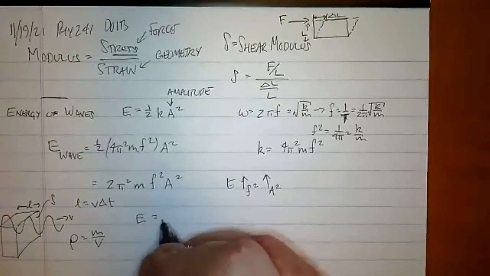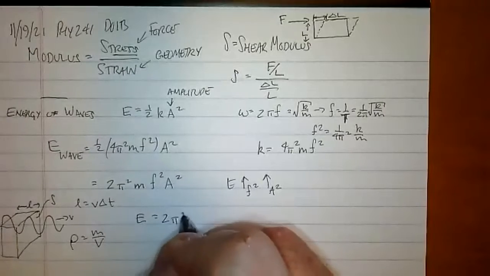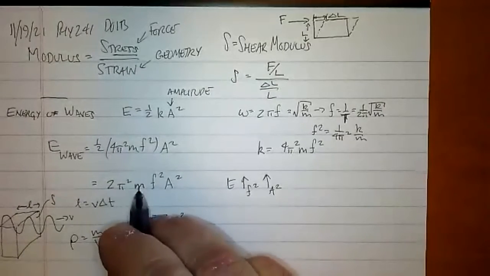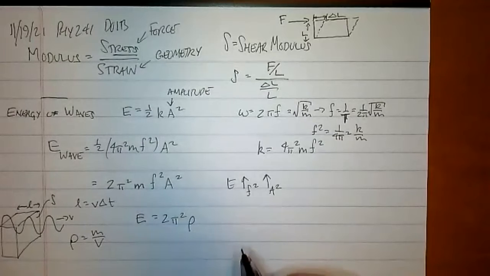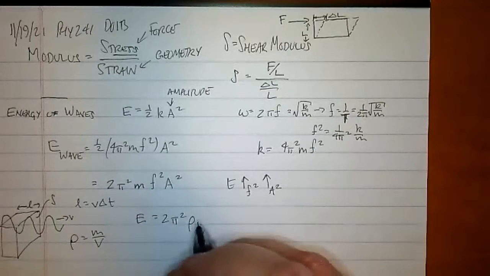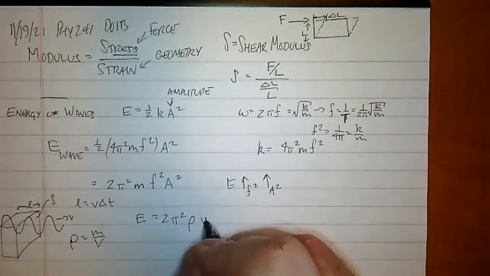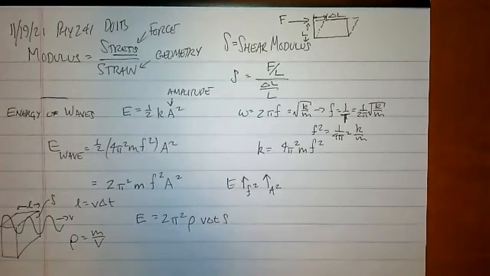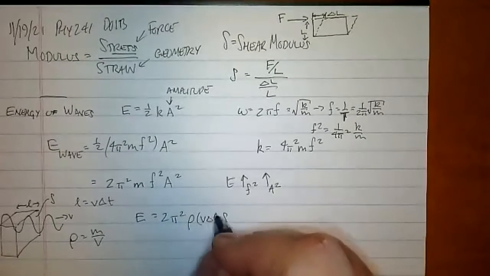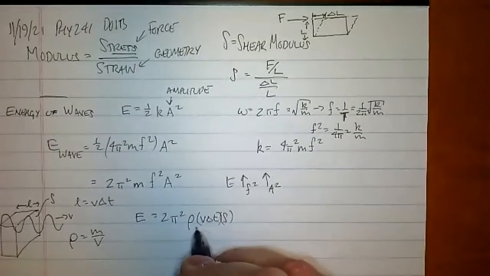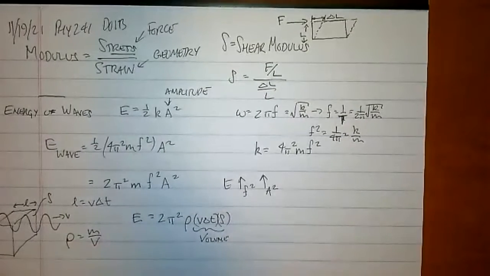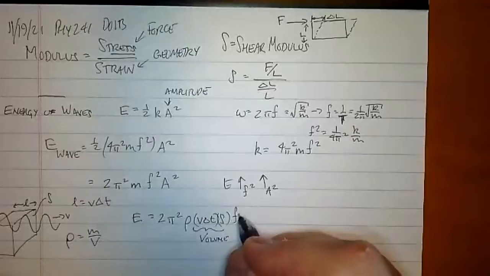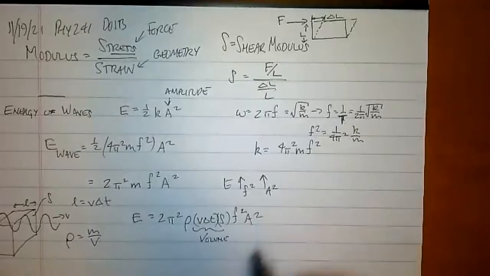So I'm going to say E is equal to 2 pi squared. Now, in place of m, I'm going to put the density of the material, and then I'm going to multiply that by the volume, which should be V delta T times S, where S is a surface area. So you see that whole thing right there is the volume of that little box that I made. Okay, and now I still have the f squared a squared.